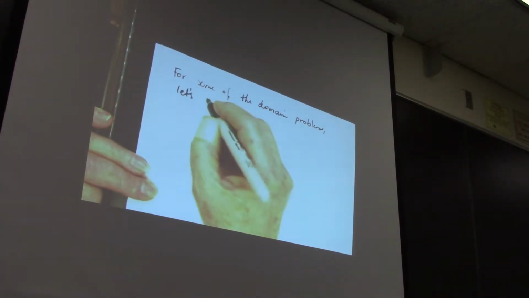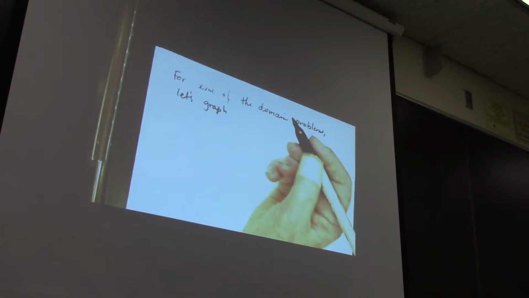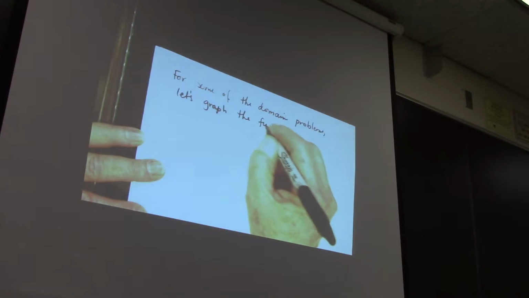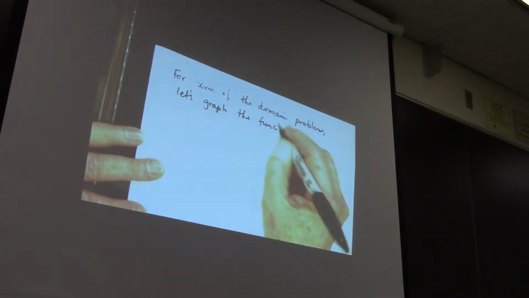Let's graph the functions and see how the domain we found corresponds to the graph.